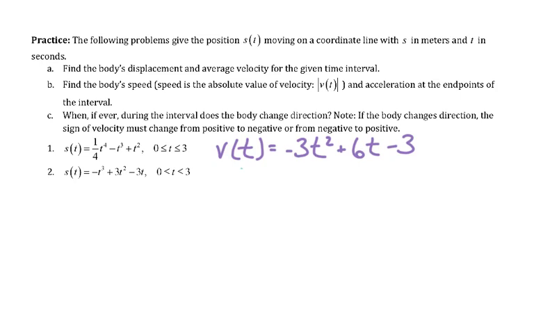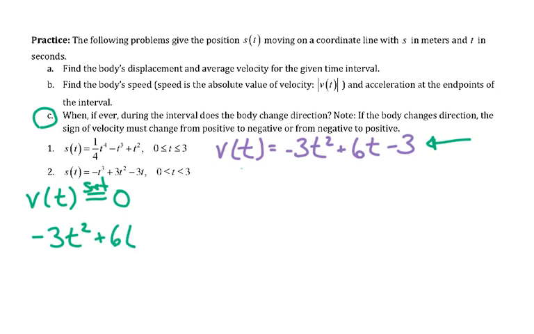So this is our question. When, if ever, does it change direction? So we need to find when the velocity function is equal to 0. And so what am I looking at here? I think I would like to factor out a -3 before I try to factor this thing.